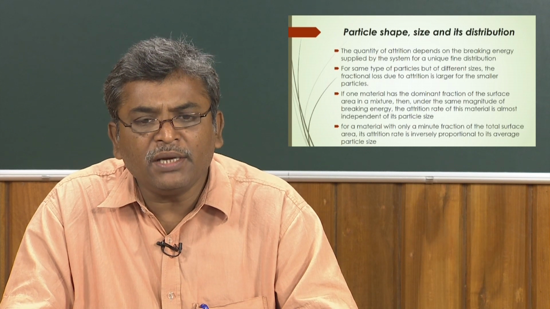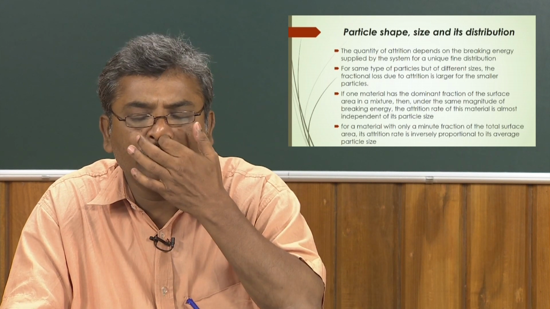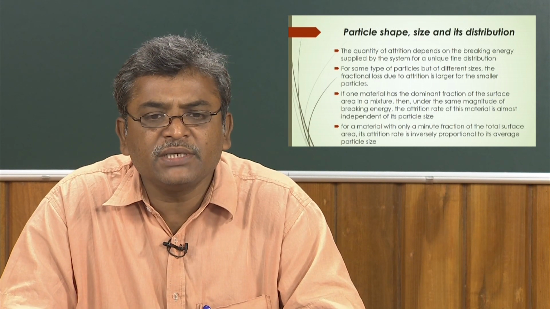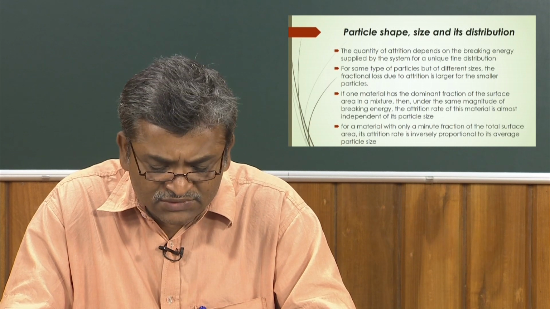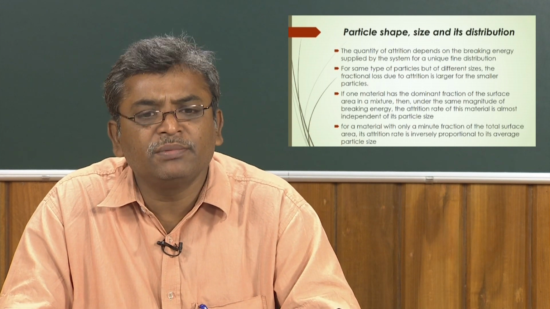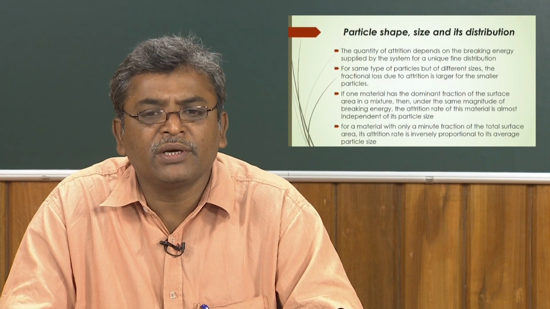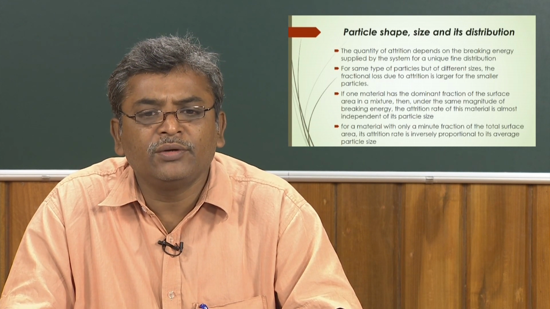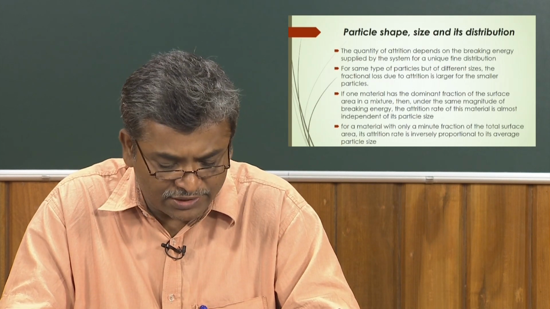And if one material has the dominant fraction of the surface area in a mixture, then the same magnitude of breaking energy will contribute to the attrition rate, and it will be almost independent of the particle size.